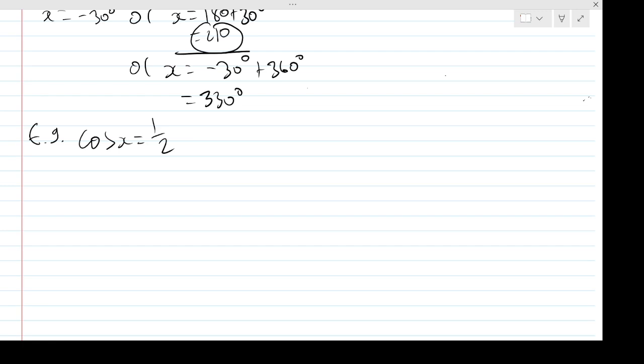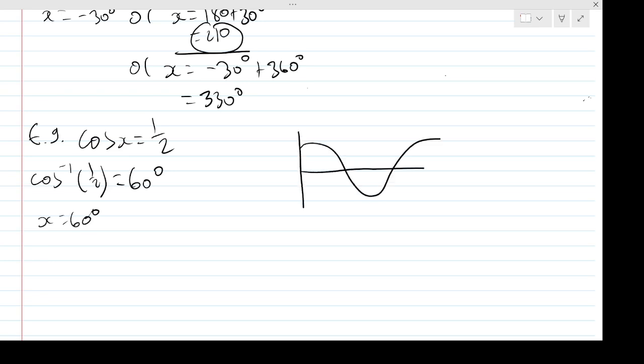So again, if we do inverse cos firstly, we get 60 degrees. So my first solution would be 60. To find the other solution, we then can consider the graph, right? Say between 0 and 360 there. Now, so we know one solution is 60, which should be about there, right?